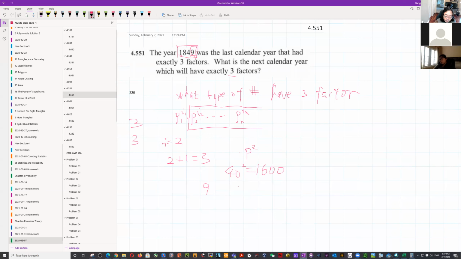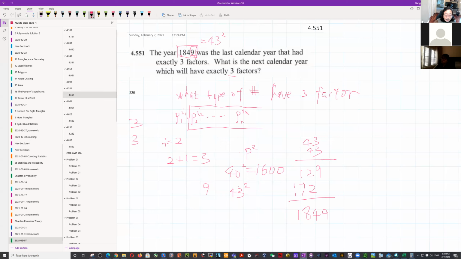So if I make it 43, it's going to be fairly close to it. Let's see if that's right: 43 multiplied by 43. And actually it works out. So this number is equal to 43 squared.